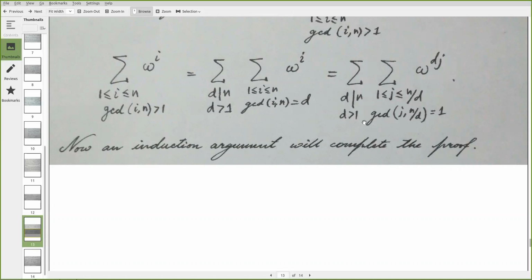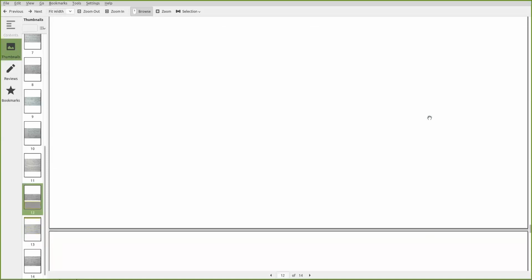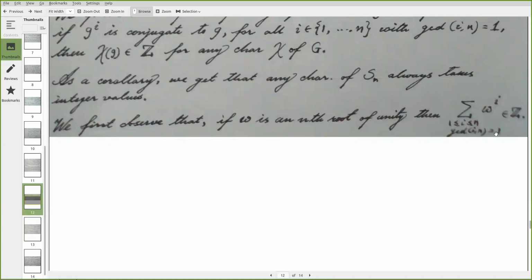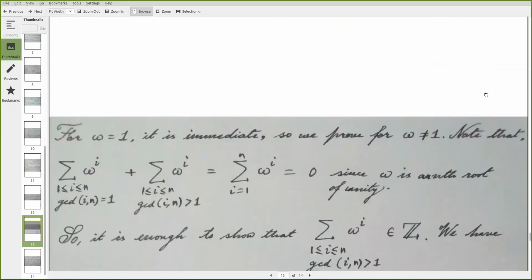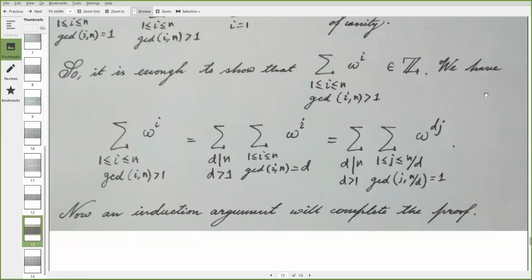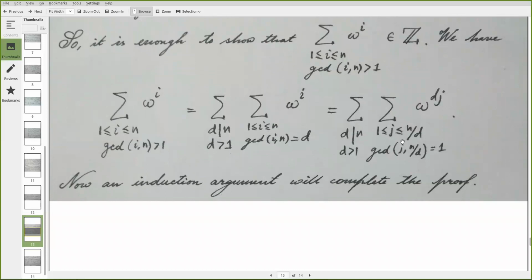So you see, we are again having the same kind of sum, with the value of n made smaller.